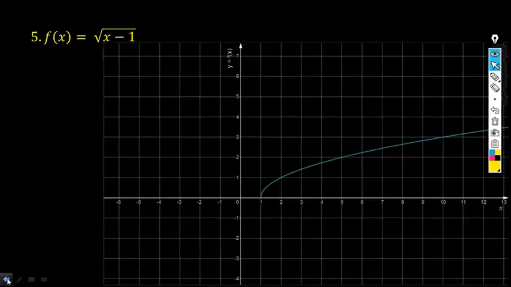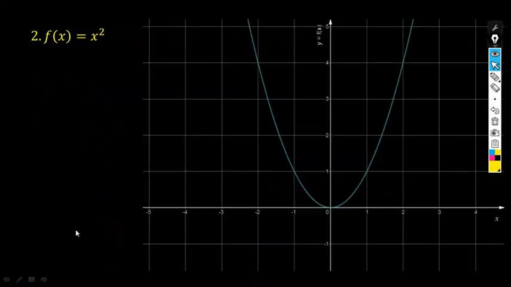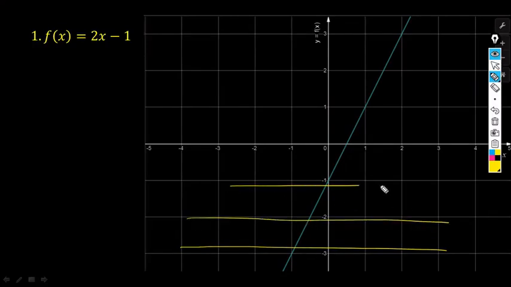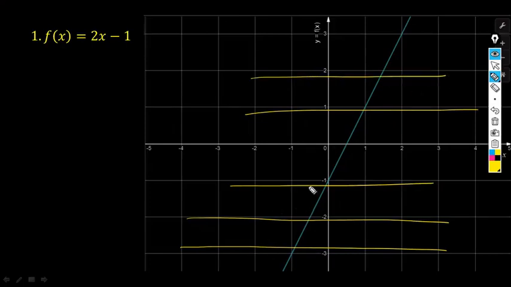I'm going to go back to the first examples. We began with this function. If I drew horizontal lines at every point that I wanted, as you can see, these horizontal yellow lines only cross the graph of the function at most at one point.